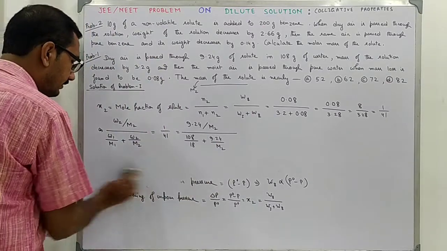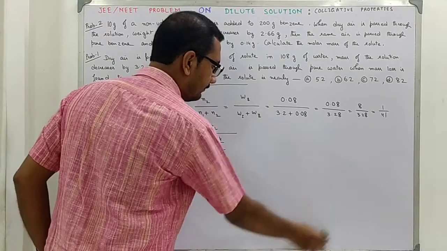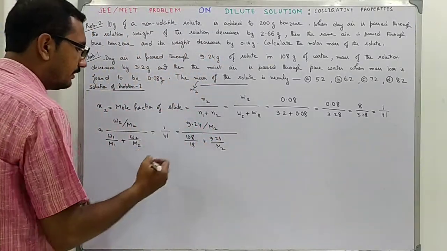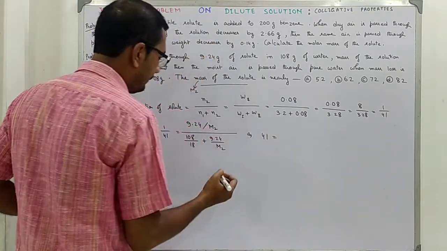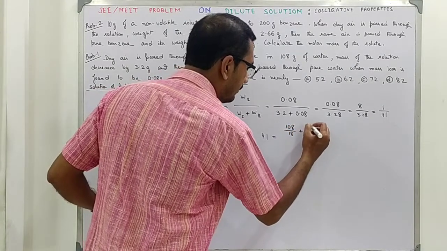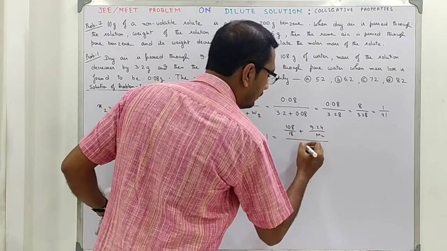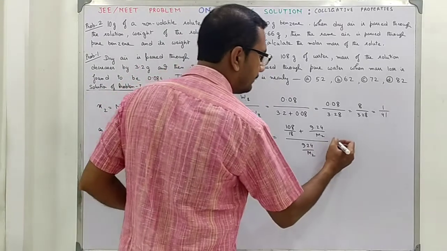Now we erase this to make some space. Now let us invert it to make our life simple. So it will be 41 equals 108 upon 18 plus 9.24 upon M2, by 9.24 upon M2. Now let us separate it.